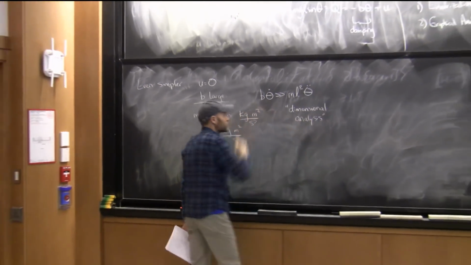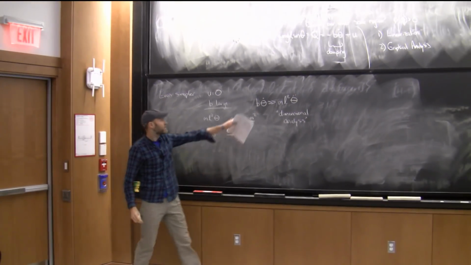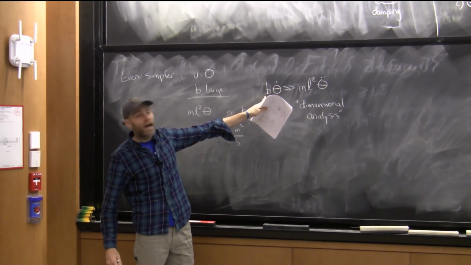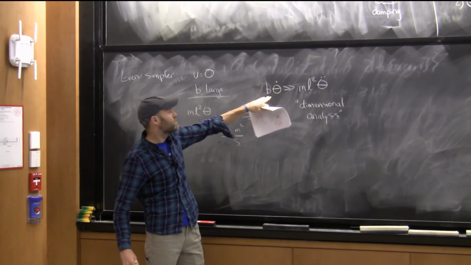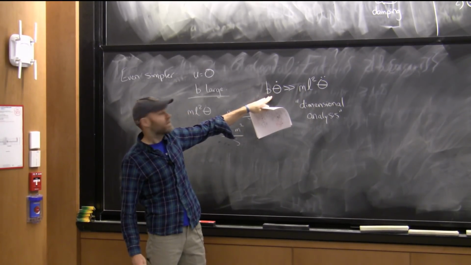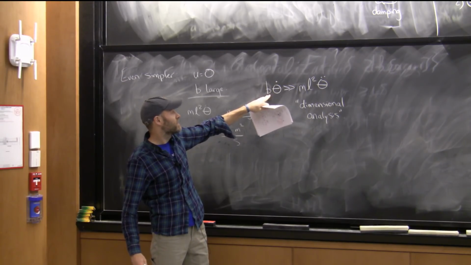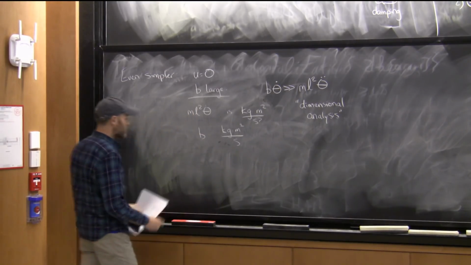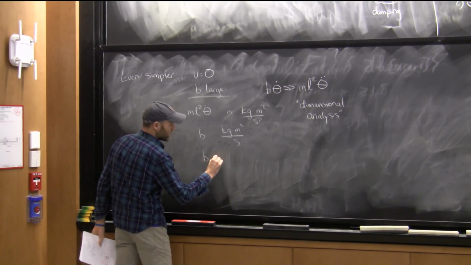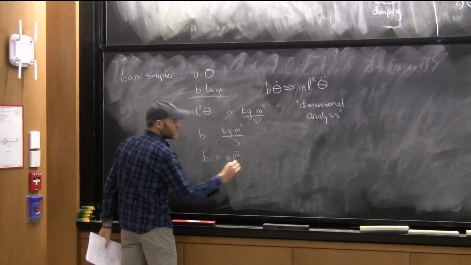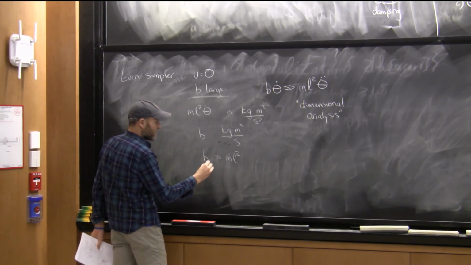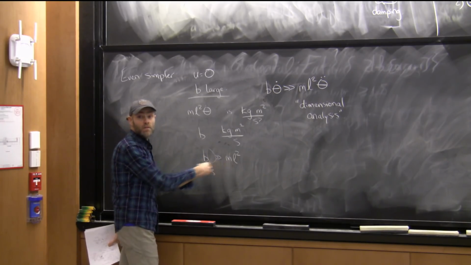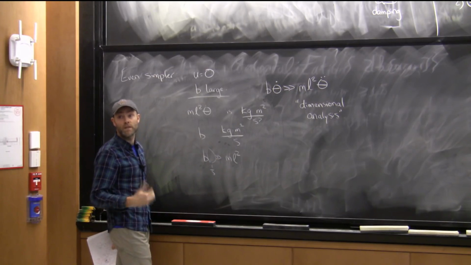In order to make some more sweeping statement about B that's relevant for the solutions of the pendulum, I'd like to somehow pick a characteristic unit, or in this case a characteristic time constant, to relate B to ml squared. So I'd like to somehow say B is greater than ml squared, but that doesn't compute, those aren't in the same units. I need something here in the units of 1 over second in order to have it be a fair comparison.